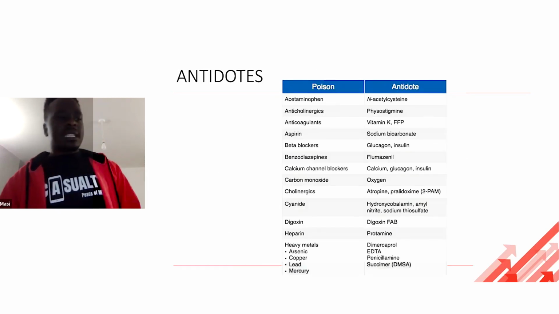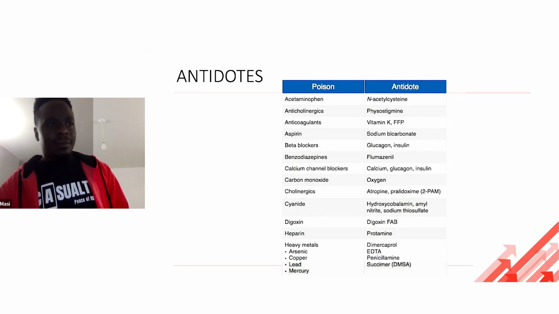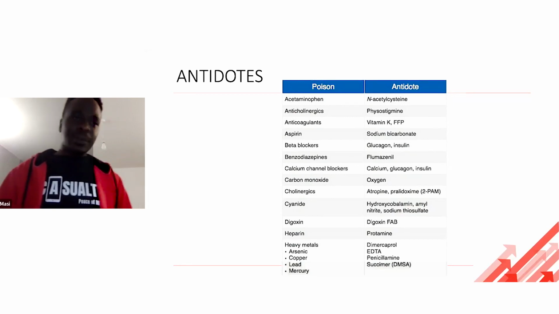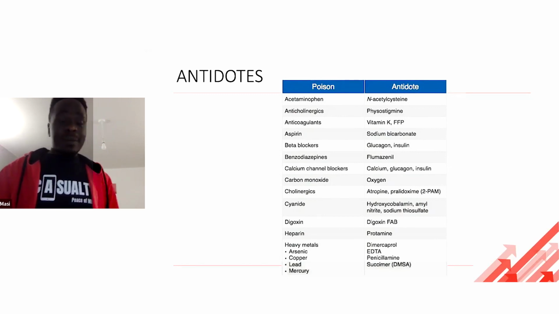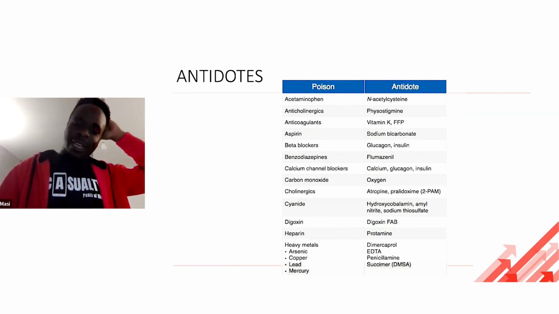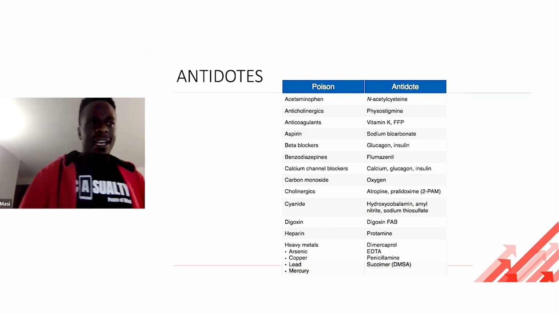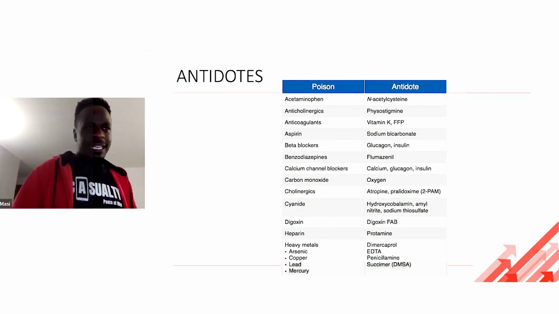Some of the antidotes that we mentioned earlier are still here. Remember your calcium channel blocker poisoning. You can use calcium. And this is quite a favorite for me because children, especially children of parents who are hypertensive and have calcium channel blockers lying around, tend to just take them and swallow them.